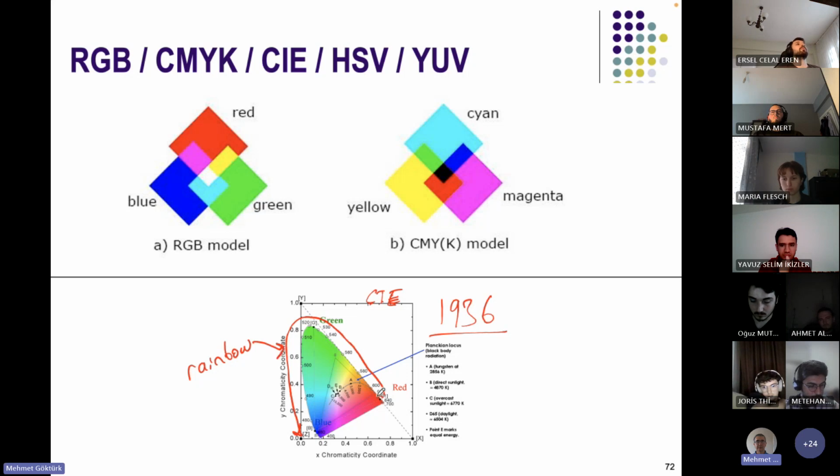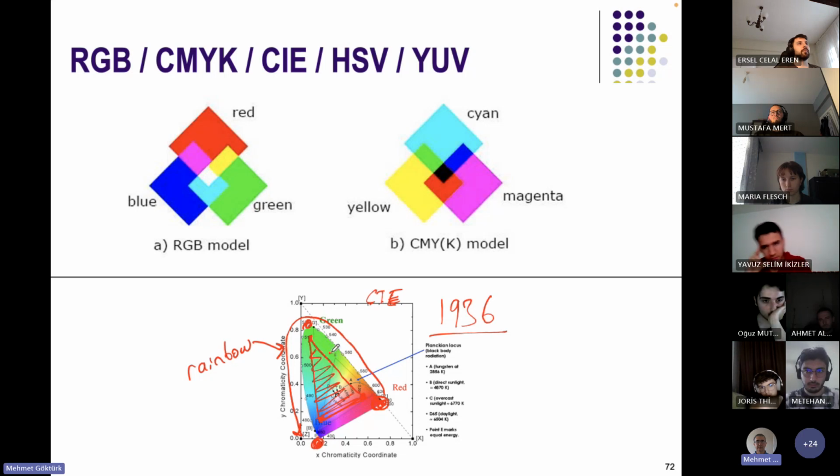So usually there is a red part, blue part, and green part. With a three color generator source, we make a triangle, and anything in the triangle is visible by that device.